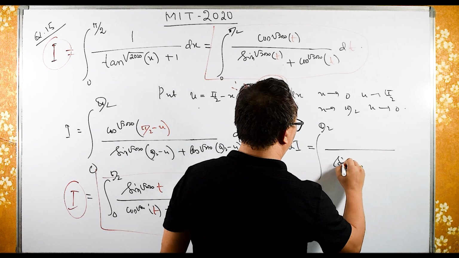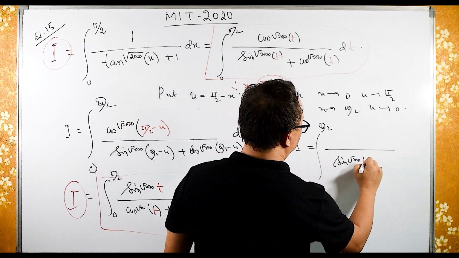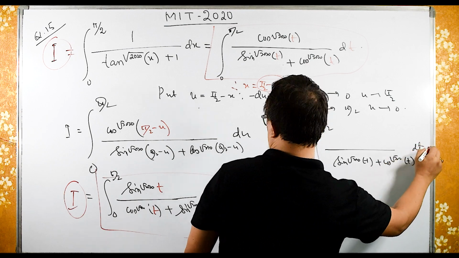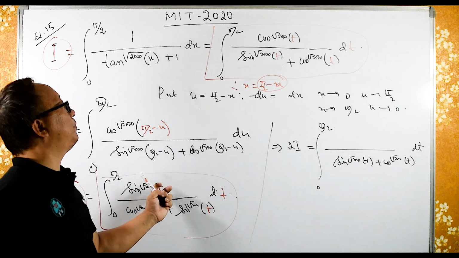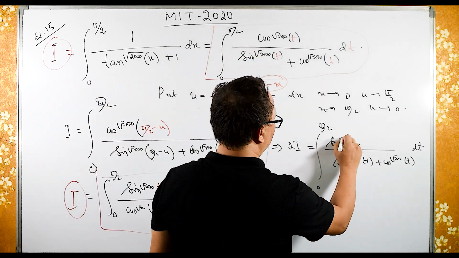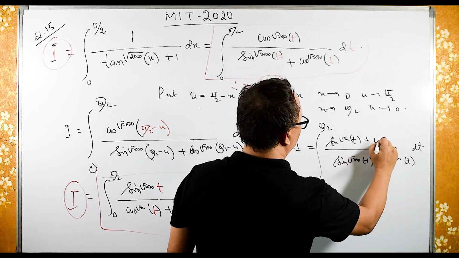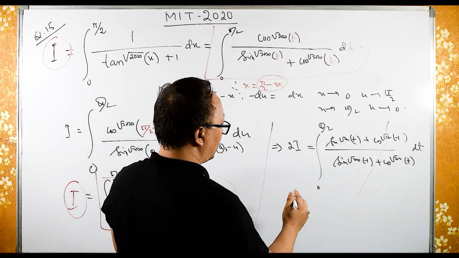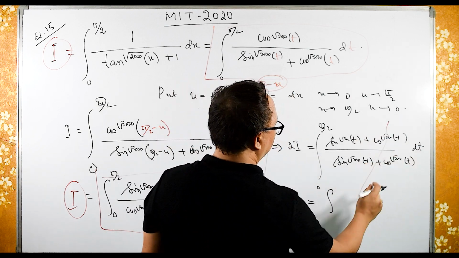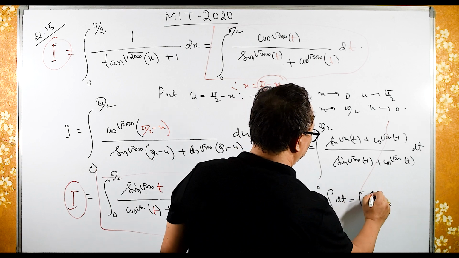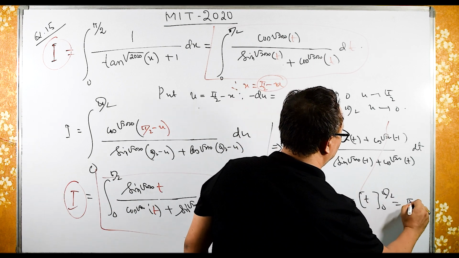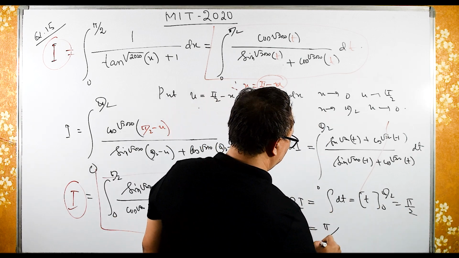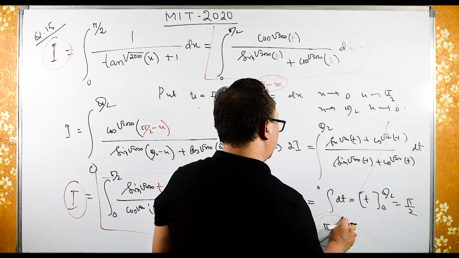We have sine of square root of 2020 t plus cos of square root of 2020 t in both numerator and denominator, so they cancel. What we have is the integral of dt, with limits from 0 to pi by 2. Therefore we have only pi by 2. So on the left hand side we have twice I, therefore I equals pi by 4.